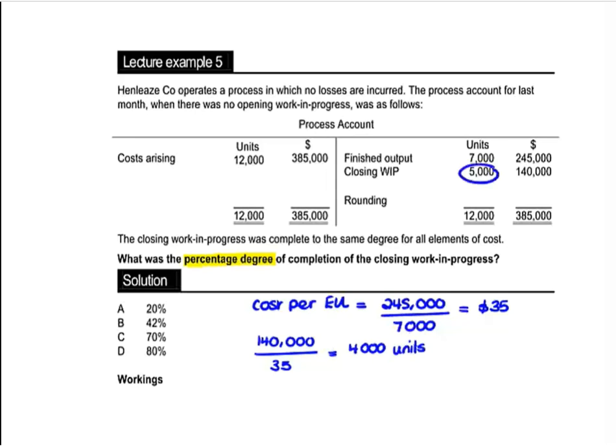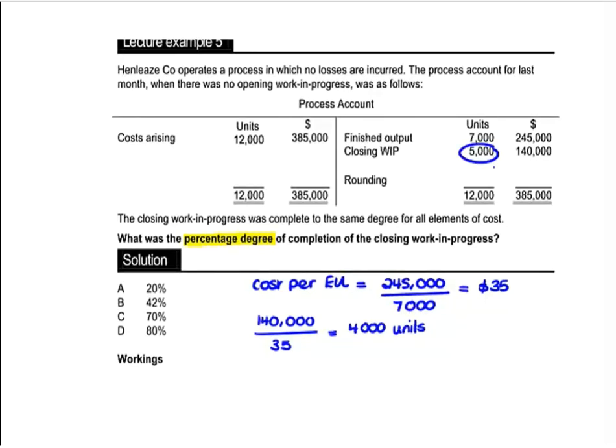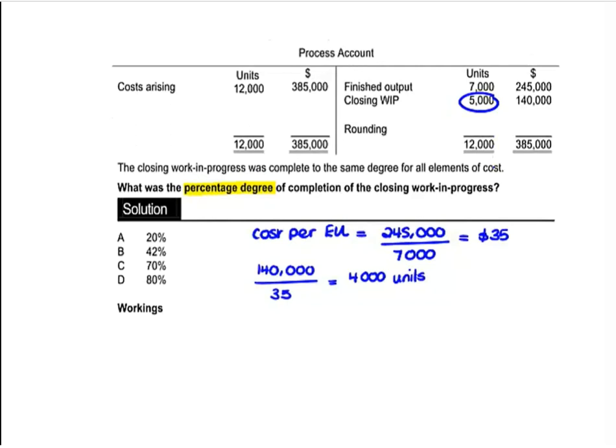Actually though, that 140,000 represents 5,000 units. So 4,000 whole units divided by 5,000 partial units means that that work in progress must have been 80% complete, which is answer D.